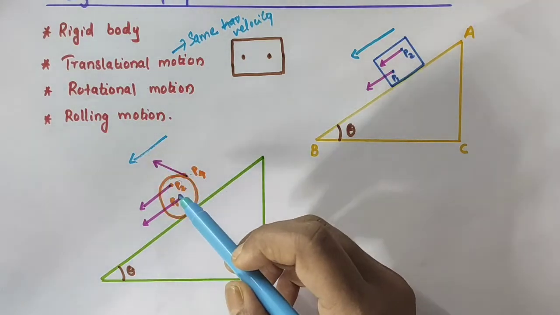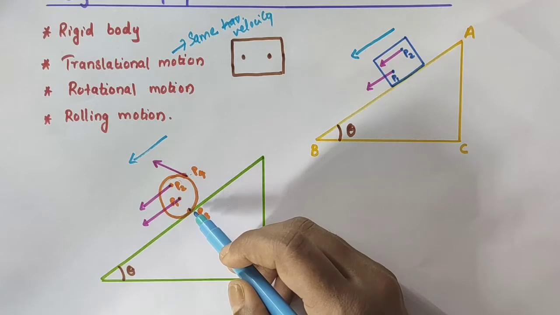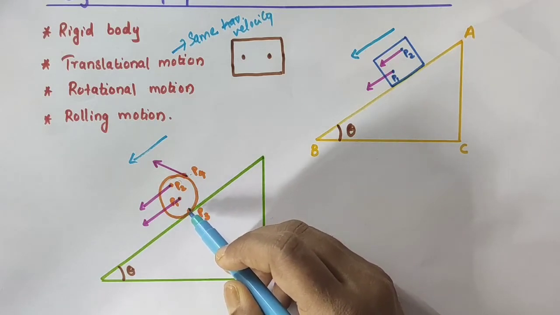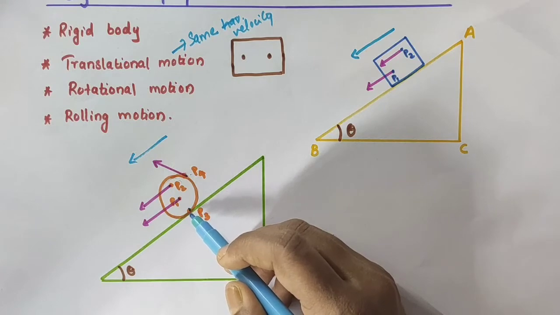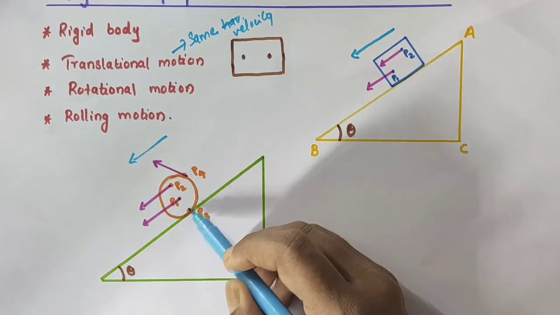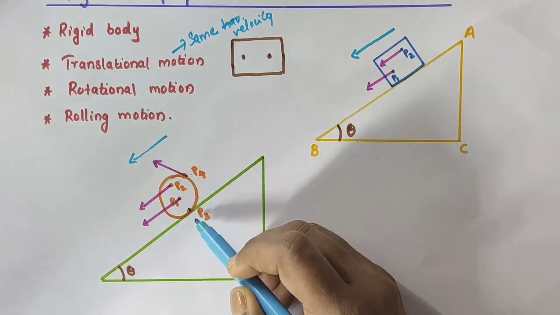At the same instant of time, this point P3 of the cylinder is in contact with the inclined plane, and its velocity is 0 at any instant.